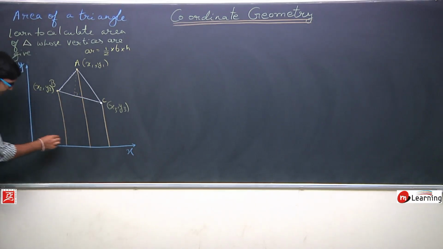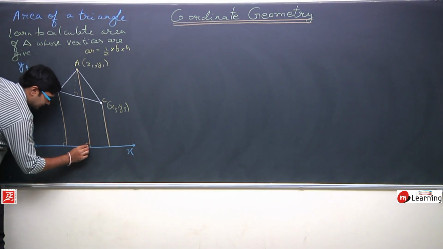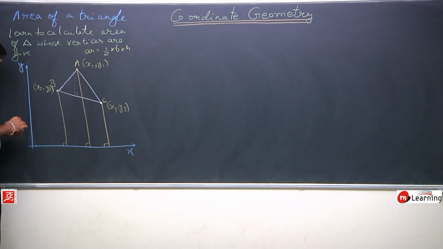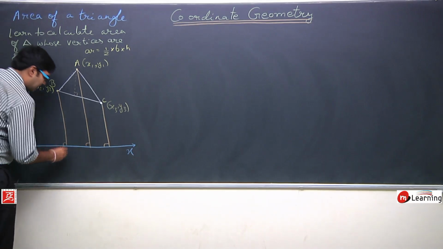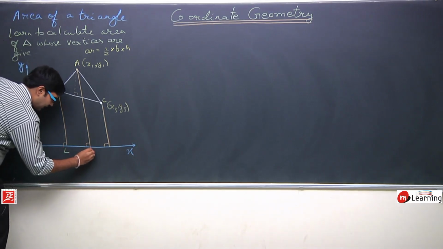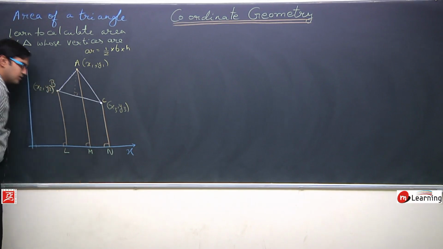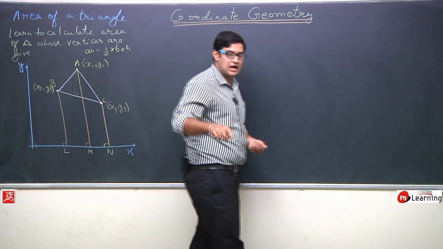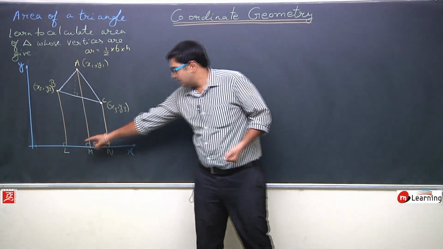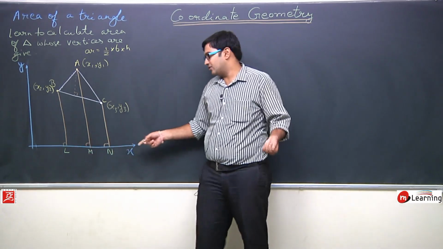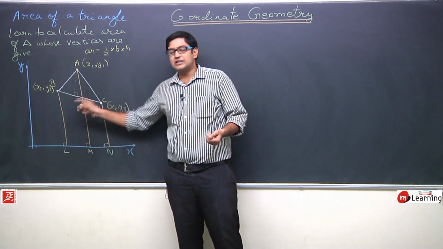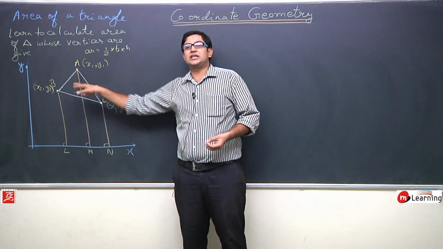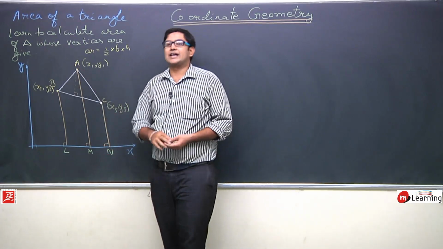Now let us say, this is 90 degree, this is 90 degree and this is 90 degree. Let us say the foot of perpendiculars are L, M and N. Okay, these are the perpendiculars that are projected from these 3 points on the x axis.